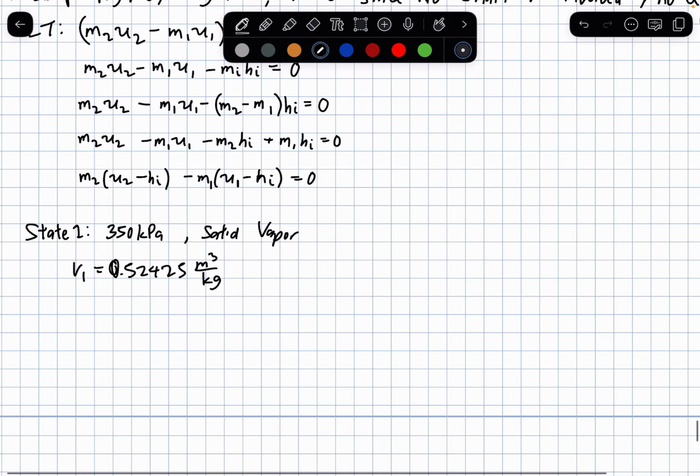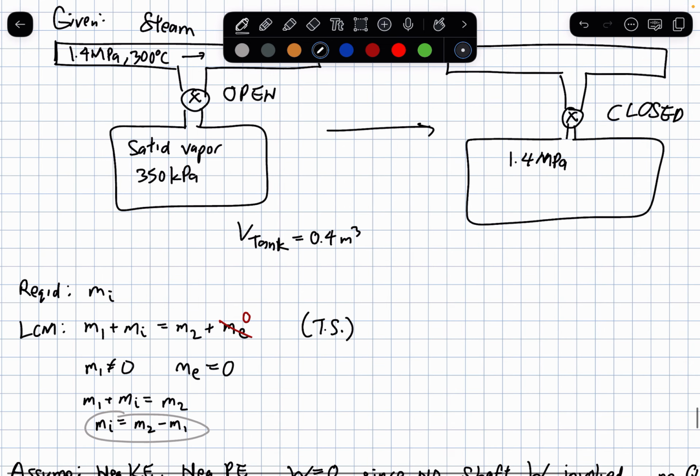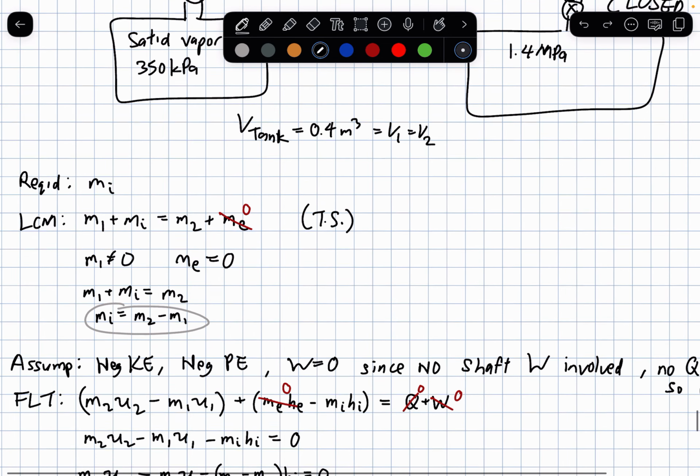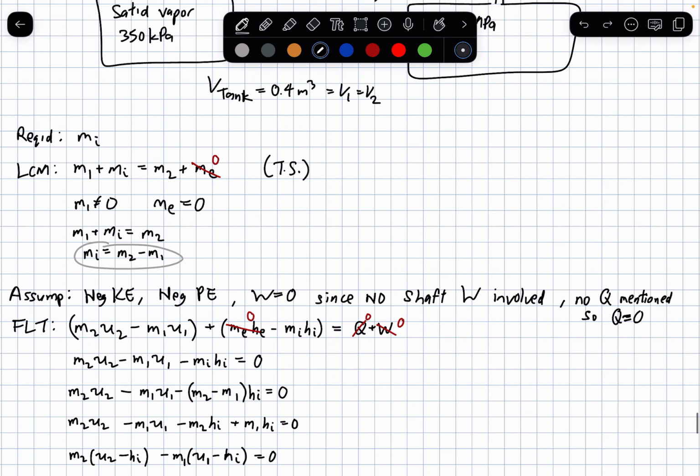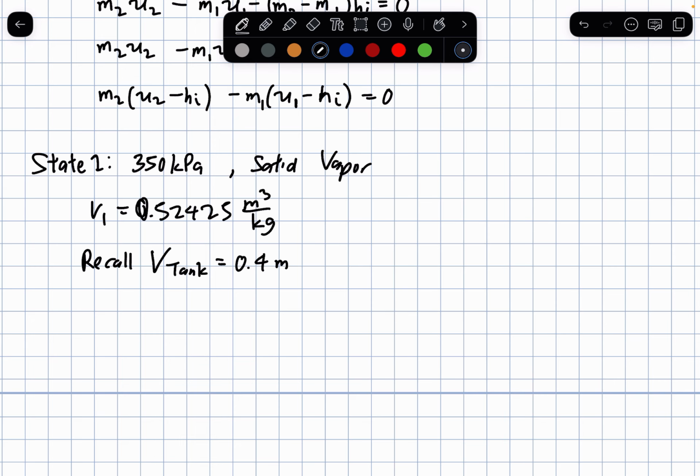So with that information, we know that gas is just expanding everywhere. I mean, it's just all over the place within the tank. So it takes up the volume of the tank. So volume of state 1 is also equal to volume of state 2, that being the volume of the tank. Okay? 0.4. We can therefore find the mass 1 of state 1.